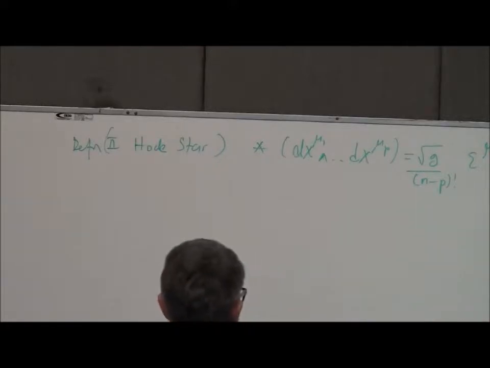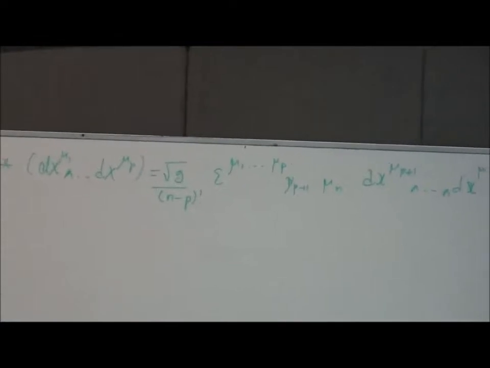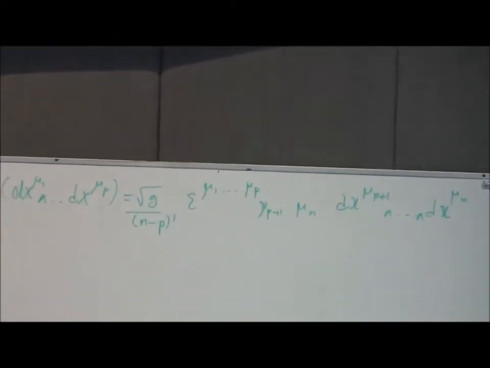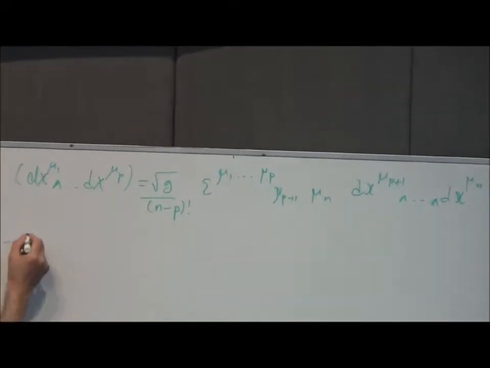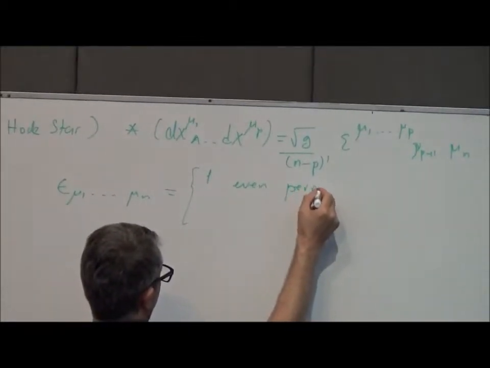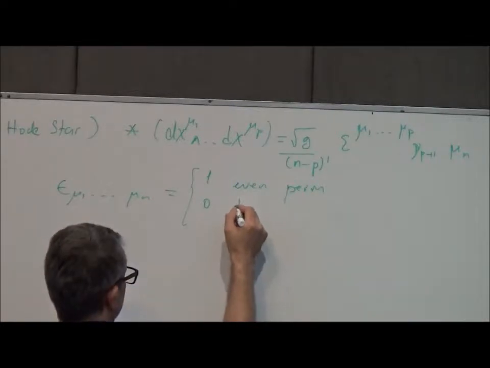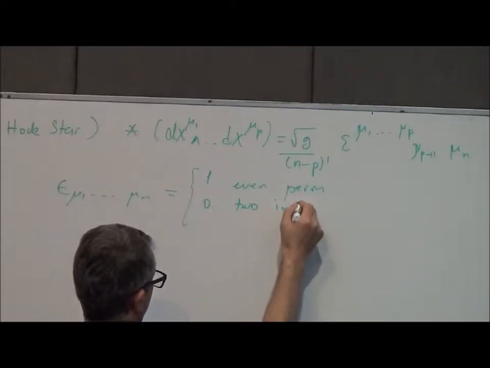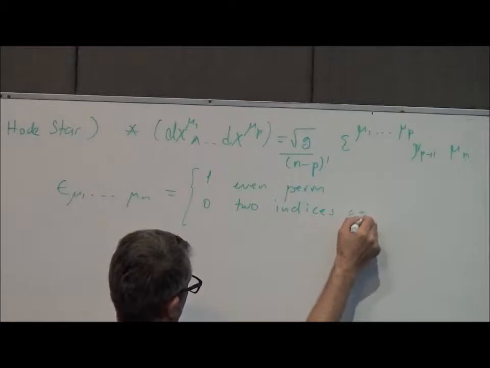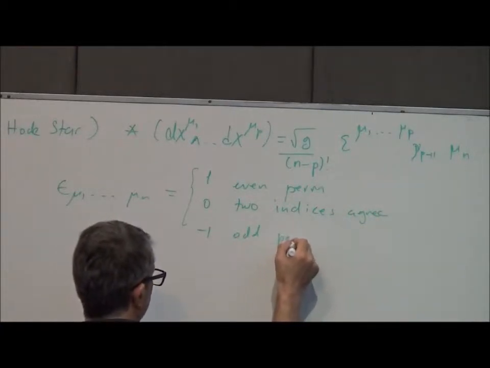And the epsilon symbol is the totally antisymmetric tensor which you can have on any space. It's a density, and it has the following properties. Epsilon mu1 up to mu n is equal to 1 for any even permutation, 0 if two indices agree, and minus 1 for an odd permutation of the indices.